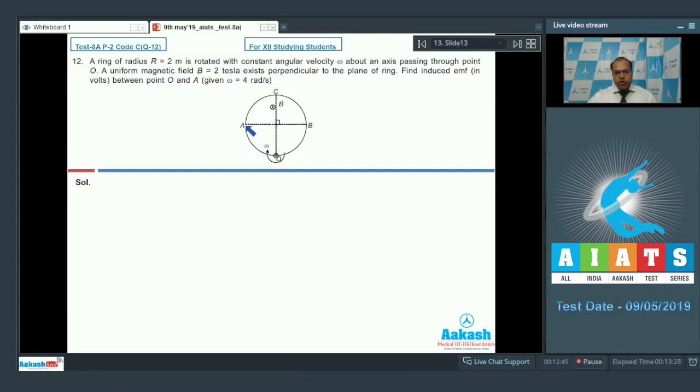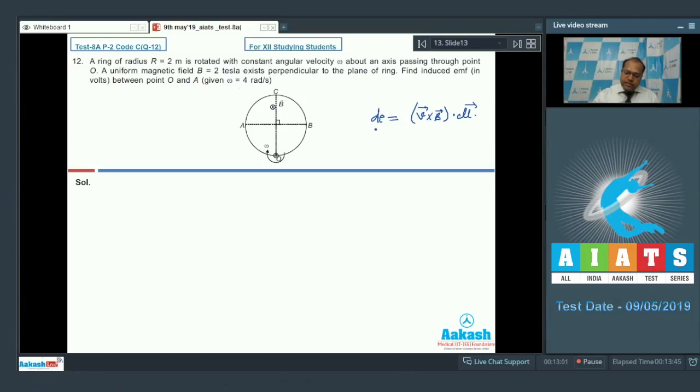So we have to find out the induced EMF between these 2 points. We know that the induced EMF dE is given by (V cross B) dot dl vector.